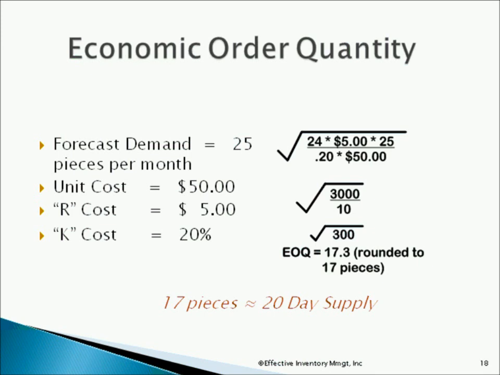If you have a lot of dollars moving through inventory per month, regardless of the actual forecast or the actual unit cost, if you have, multiplying those two together, a lot of dollars moving through inventory per month, the EOQ will suggest you buy smaller quantities more often to maximize the performance of those inventory dollars. If you have fewer dollars moving through inventory per month, maybe a low-cost item that doesn't sell that often, the EOQ will do exactly the opposite.